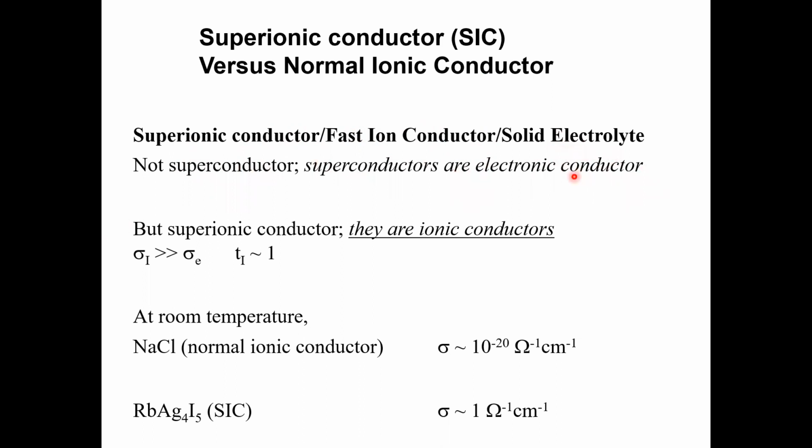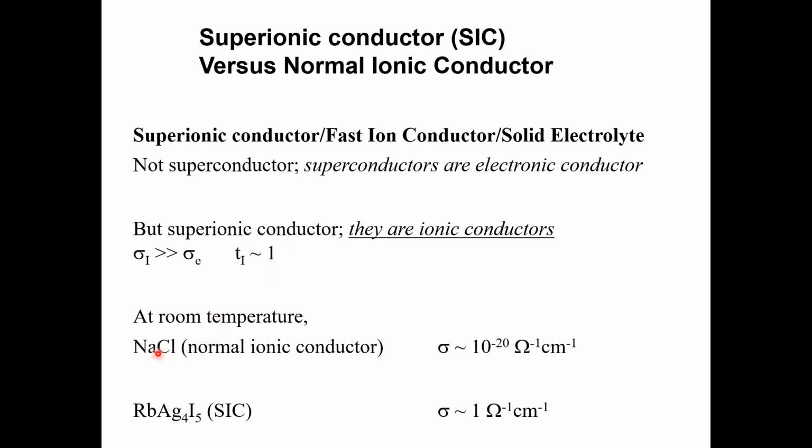Superconductors are electronic conductors, but we are talking about superionic conductors, so don't mix them up with superconductors. Superionic conductors are ionic conductors, meaning the ionic conductivity is much larger than the electronic conductivity. In other words, the ionic transference number has to be practically 1.